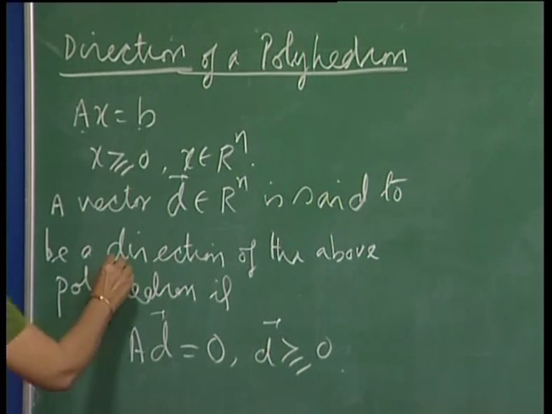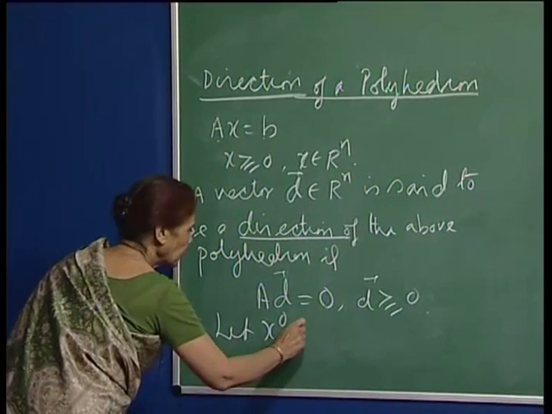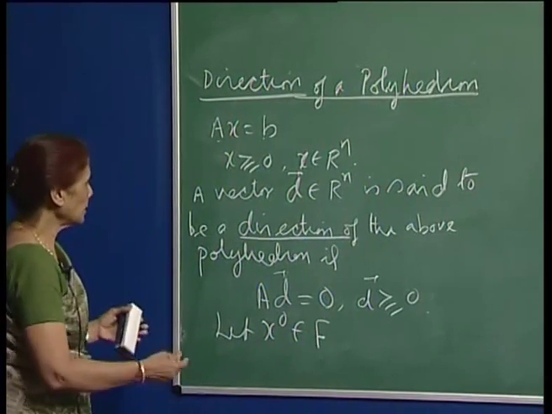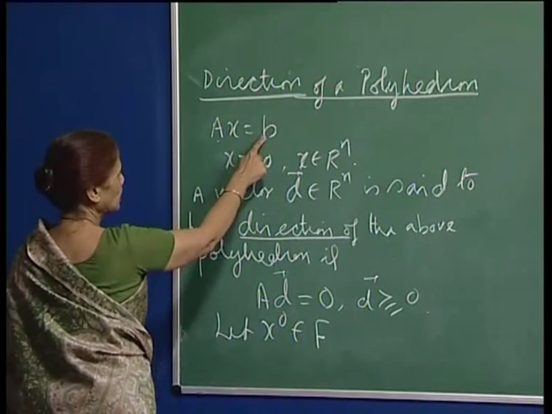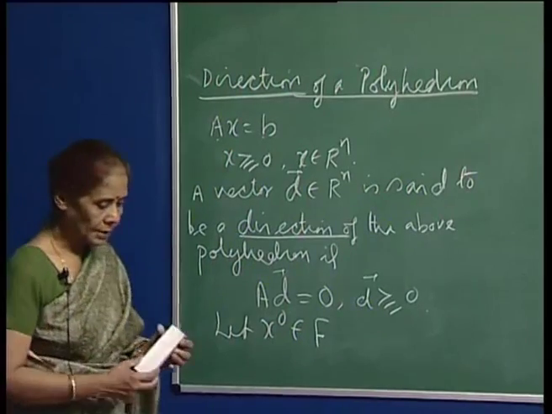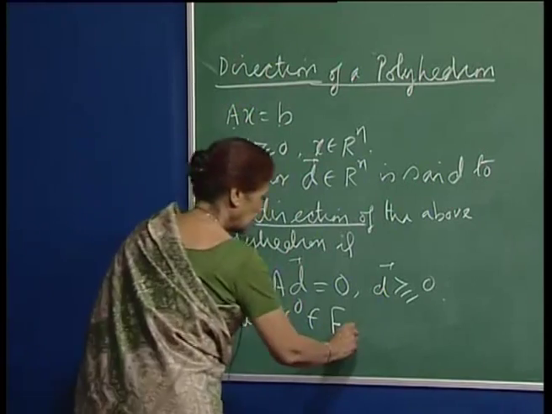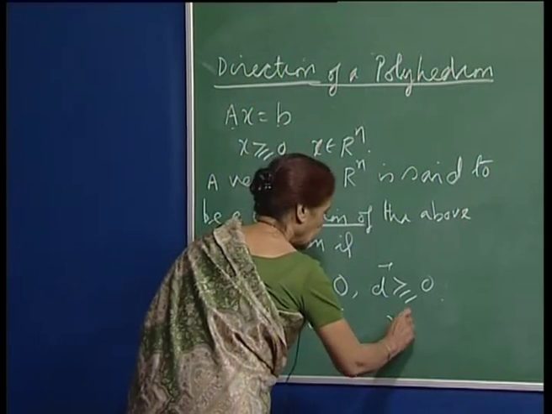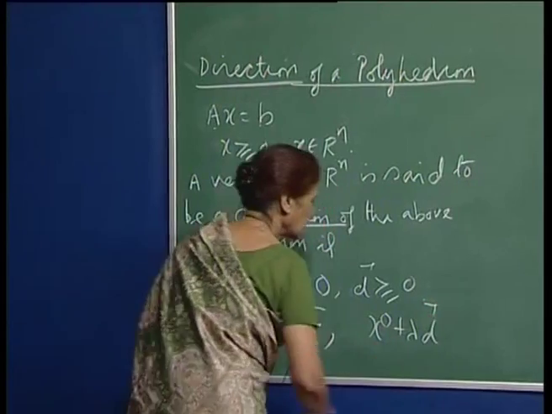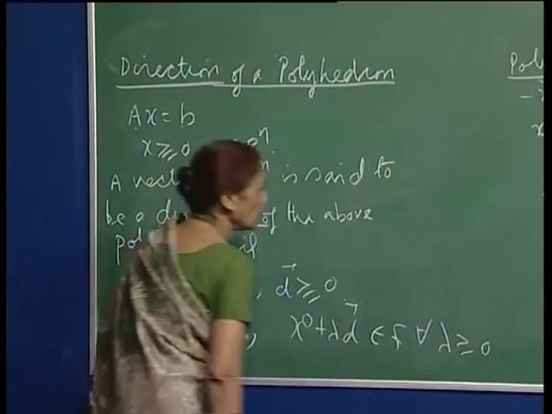The idea is that if I take any x naught belonging to F. Remember, I am calling the feasible region, that means all x which satisfy this condition and the non-negativity condition, the collection of all these feasible solutions I am referring to as F. So, if x naught belongs to F, then x naught plus lambda d belongs to F for all lambda non-negative.